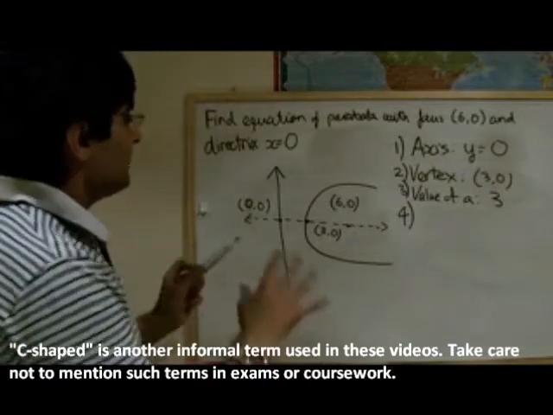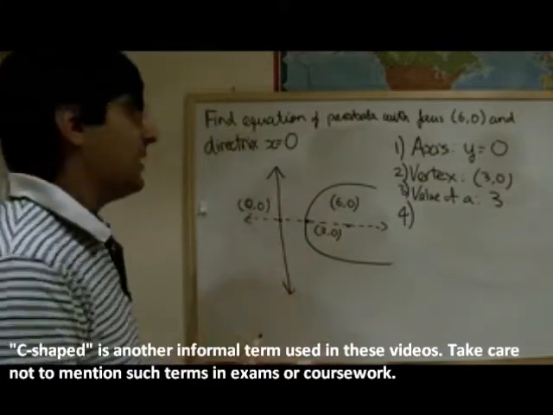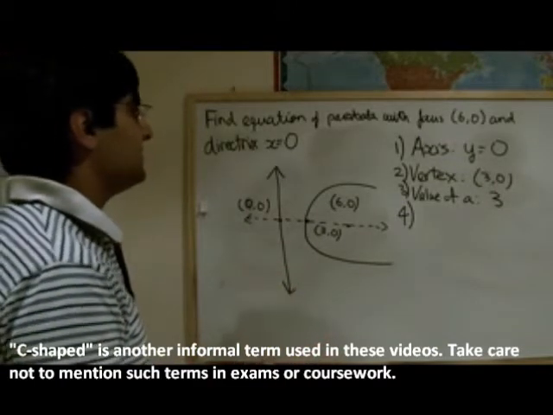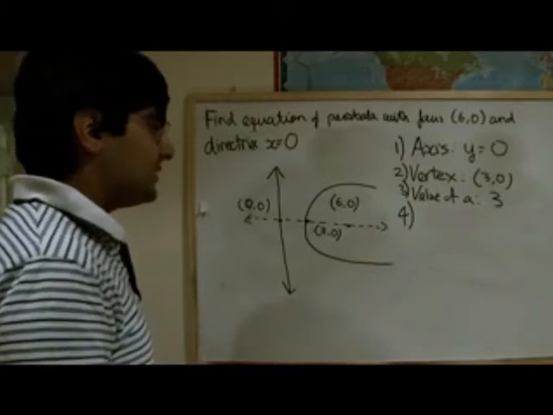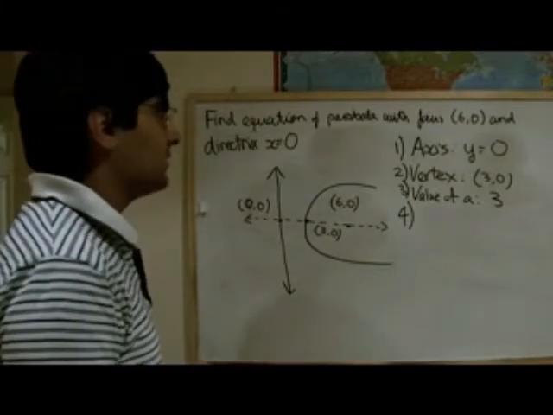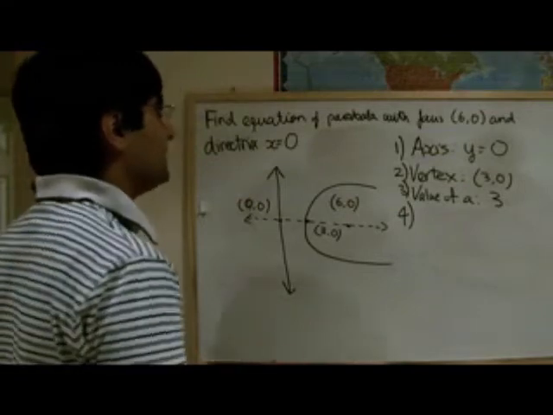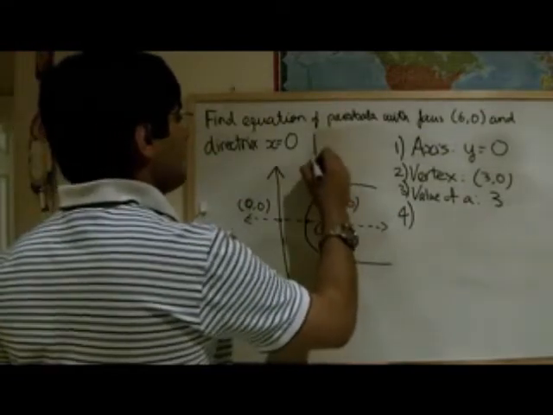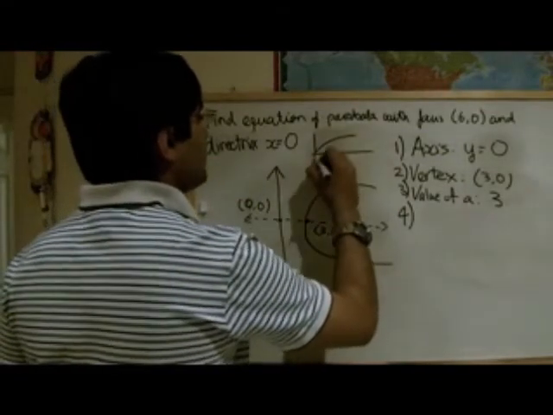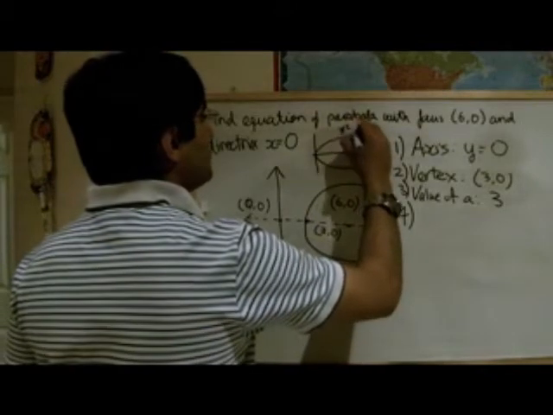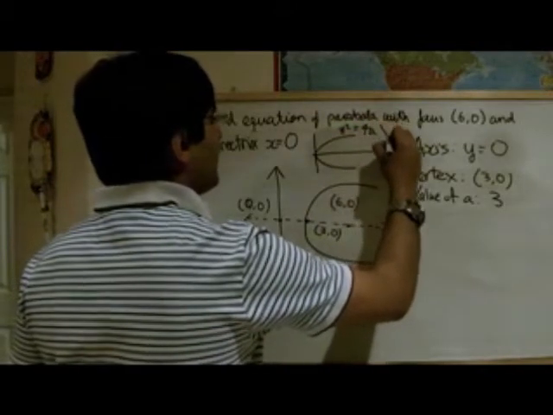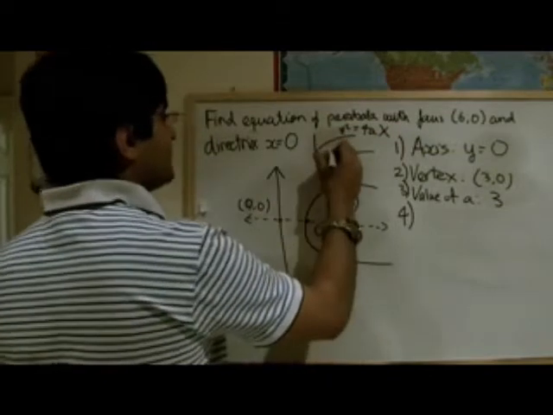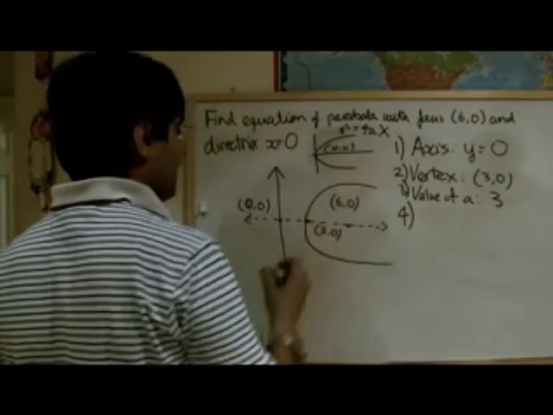So now we've uncovered all this information. How do we find the equation of this parabola? This requires a bit of recalling from GCSE and A-level. You'll remember the standard parabola has equation y squared equals 4ax, and it has vertex (0, 0).